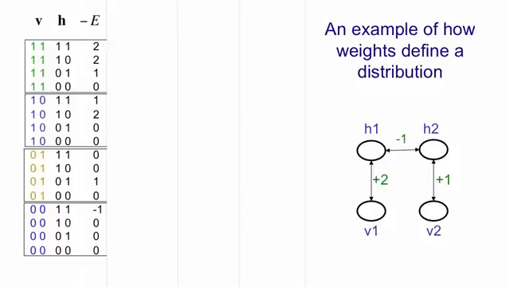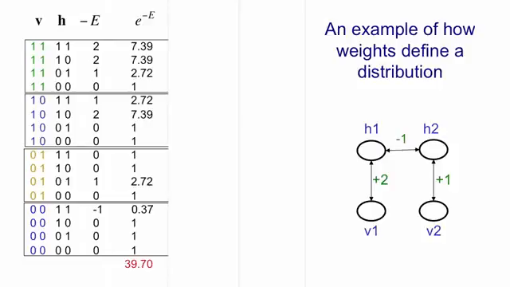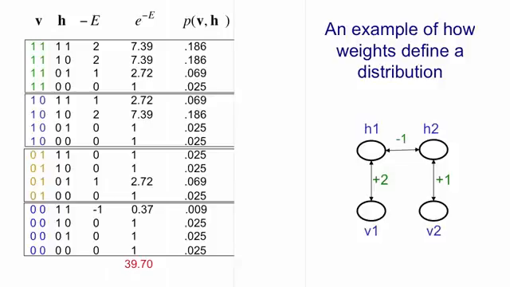We then take the negative energies and we exponentiate them. And that will give us unnormalized probabilities. So these are the unnormalized probabilities of the configurations. Their probabilities are proportional to this. If we add all those up to get 39.7, and then we divide everything by 39.7, we get the probabilities of joint configurations.